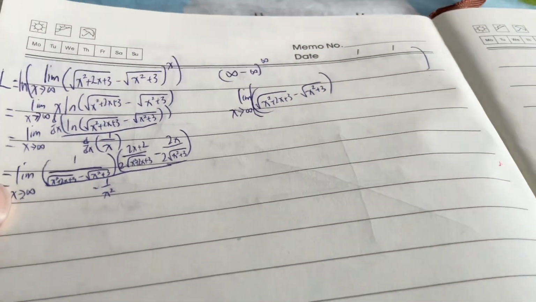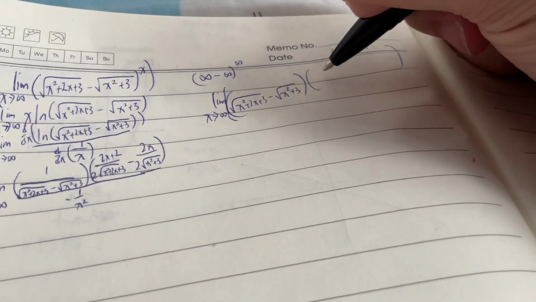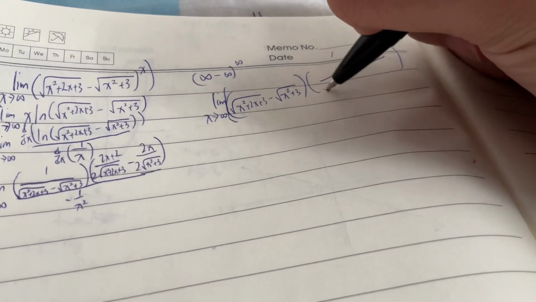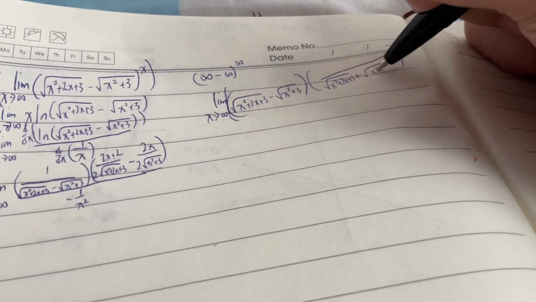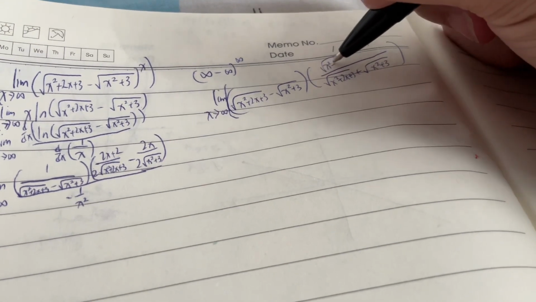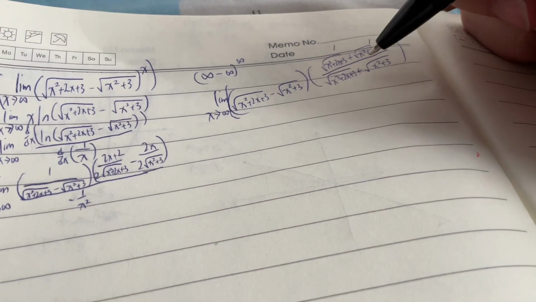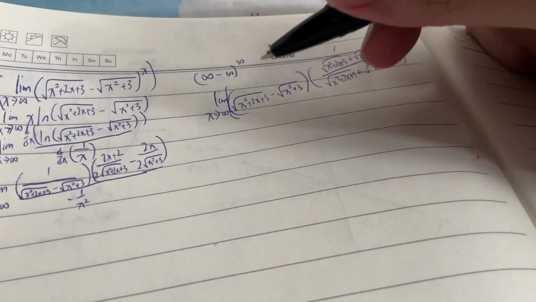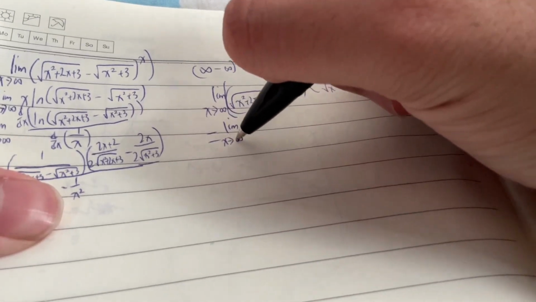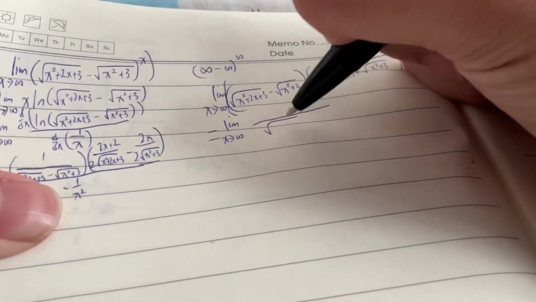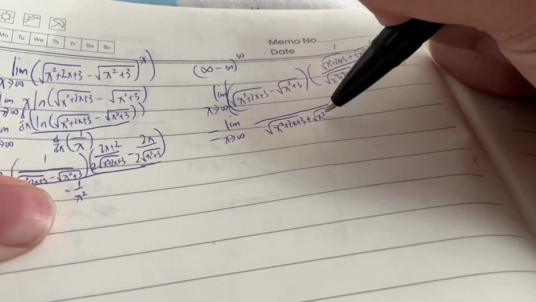Let me multiply by the conjugate. You will see why. Multiply by square root of x squared plus 2x plus 3 plus square root of x squared plus 3. Multiplying the conjugate on both the denominator and numerator, they cancel each other out and you get the original back. The denominator stays the same: square root of x squared plus 2x plus 3 plus square root of x squared plus 3.